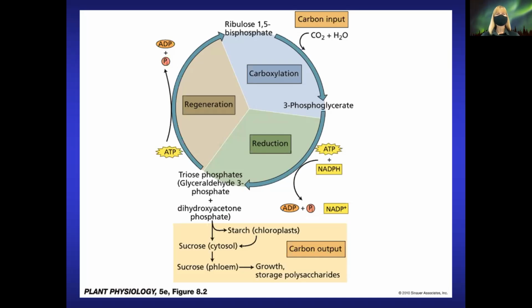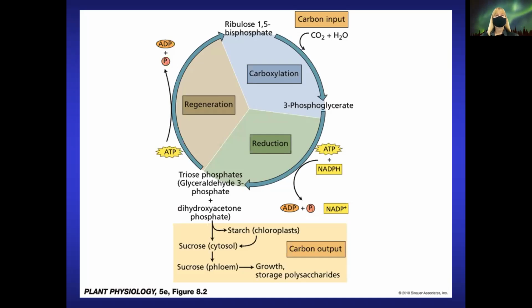So you've been looking at this idea and the fact that Rubisco is the most important enzyme that kicks everything off, where it allows CO2 into its active site and can react it with RuBP.